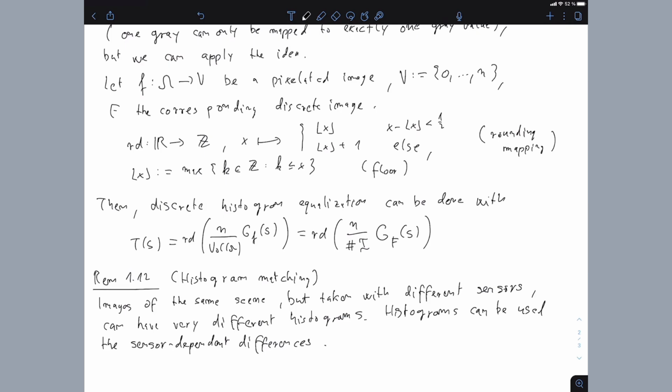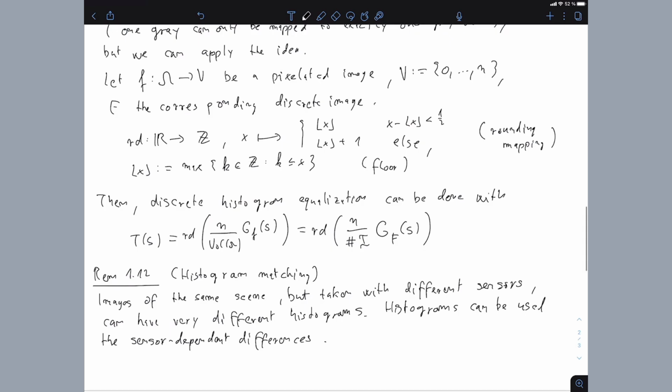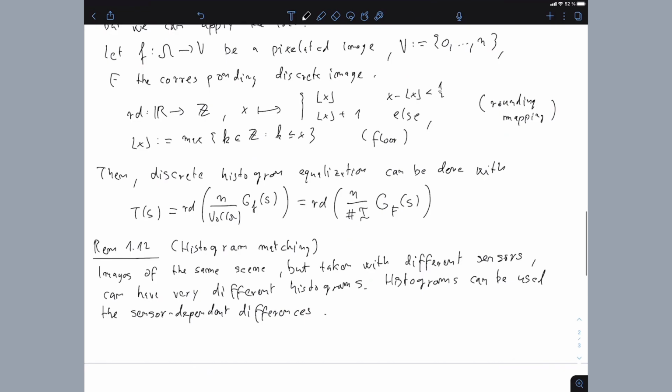So you cannot compensate for a contrast reversal. If there's no strictly increasing relation between these sensors, you have no chance to compensate. So keep that in mind.